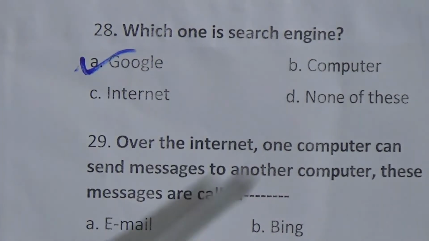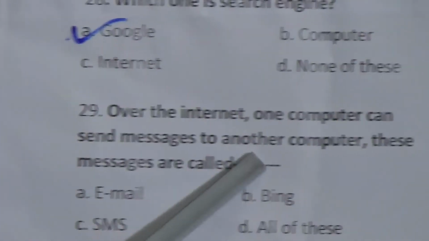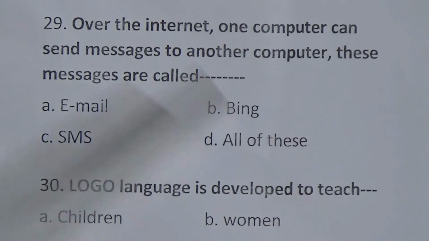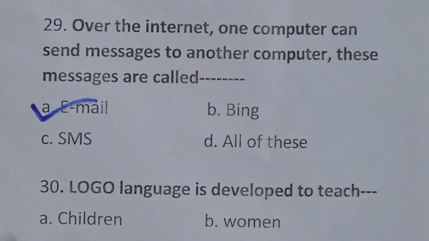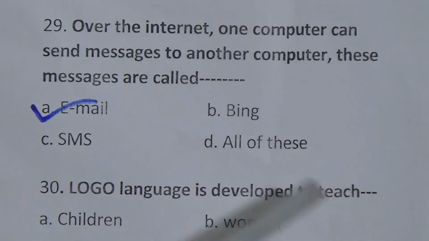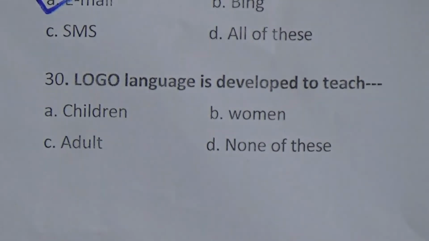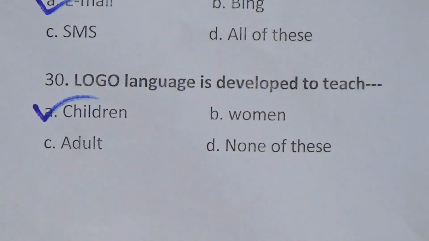Over the internet, one computer can send messages to another computer. These messages are called email, Bing, SMS, all of this. That is email. Logo language was developed to teach whom? Option A, children; B, women; C, adult; D, none of this. So we find our answer, option A, children.